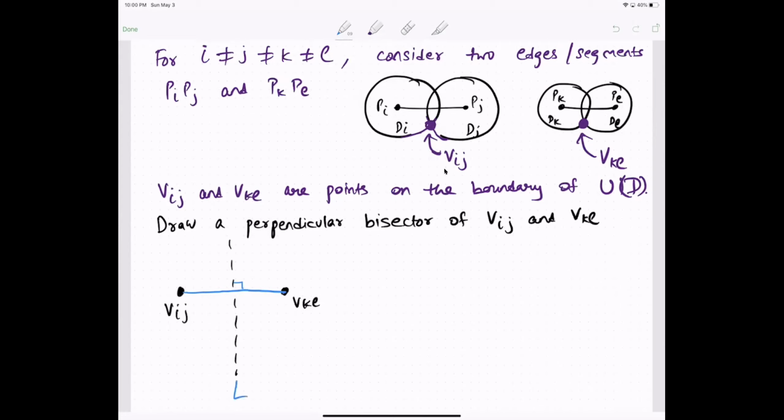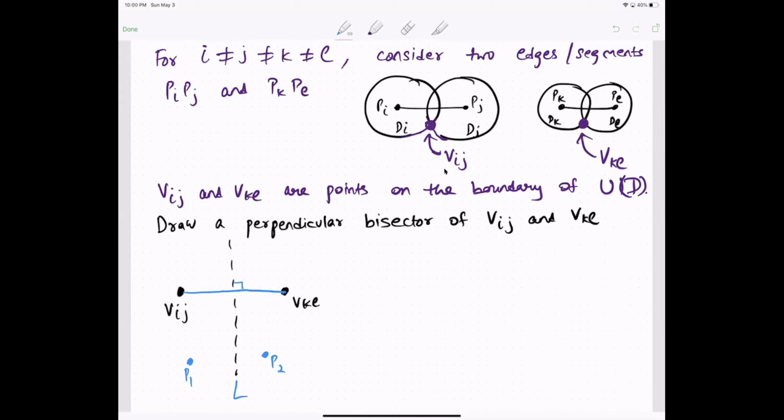Let's call this line L. So if there's a point P1 here, which is to the left of L, then we can safely say that P1 will be closer to Vij than it is to Vkl. Similarly, if there's a point to the right of L, say point P2, then we can safely say that by definition of this perpendicular bisector, P2 is actually closer to Vkl than it is to Vij.